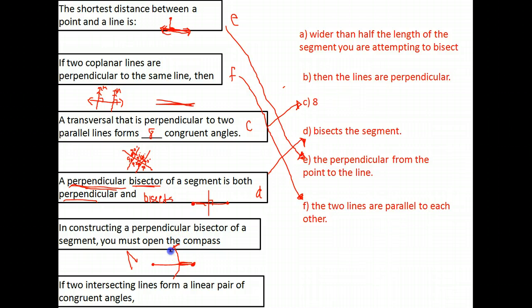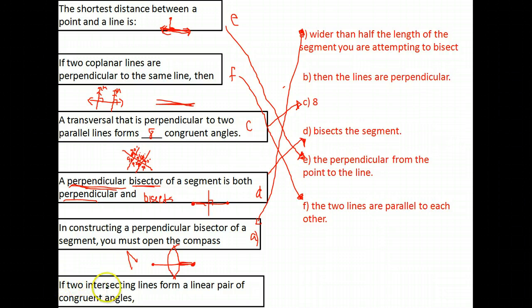And we make the arc on the other side, we're going past half so that they can meet in the middle. So when you open your compass to make that first one, it needs to be opened right here, wider than half the length of the segment. Because again, if you don't go at least halfway, you're not going to make it to the perpendicular bisector, because it goes right down the middle of the segment. So it has to be bigger than half.